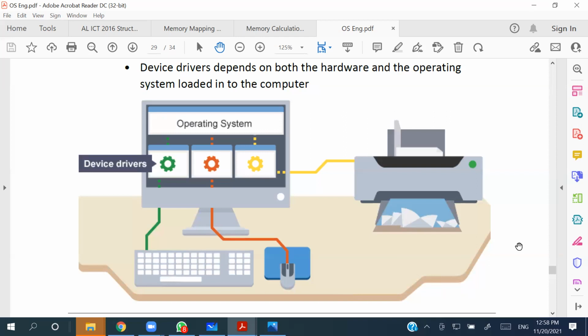But we are not doing anything regarding that. It's the operating system or the device which is installing the device driver on our behalf, right?